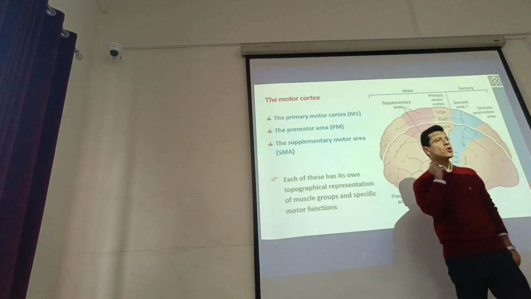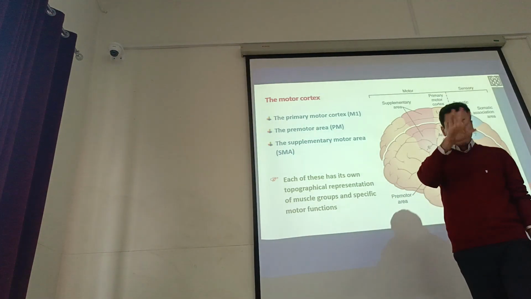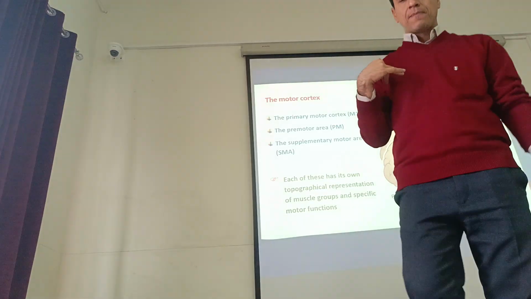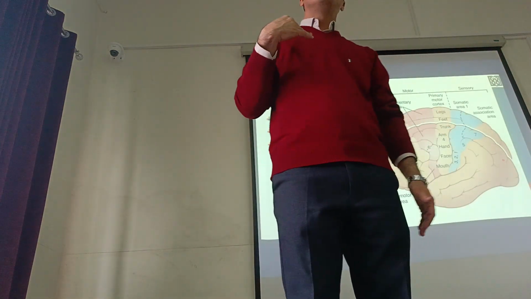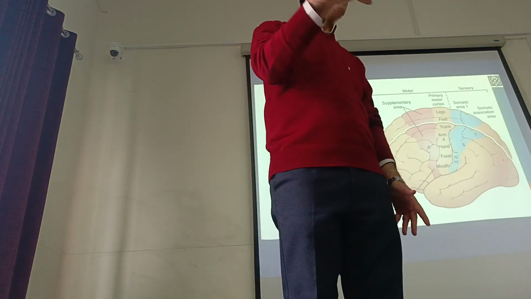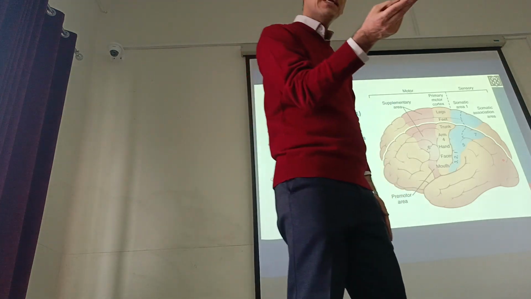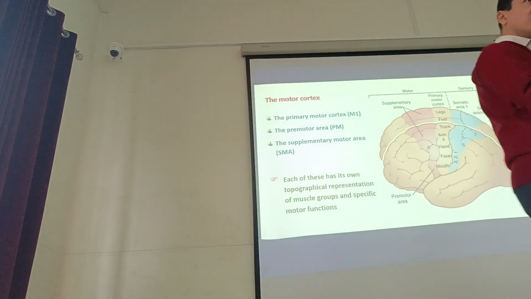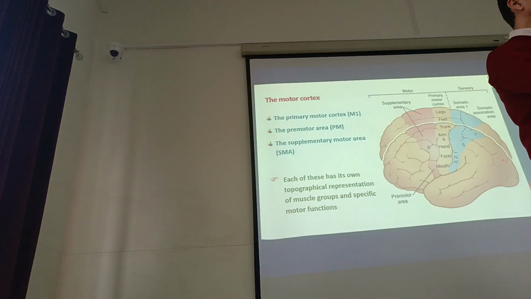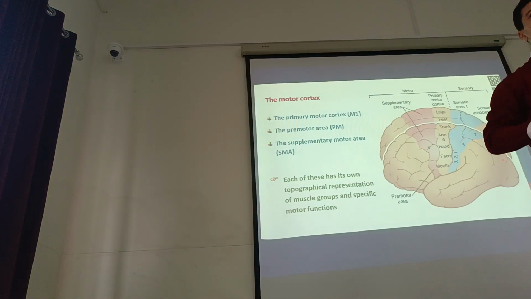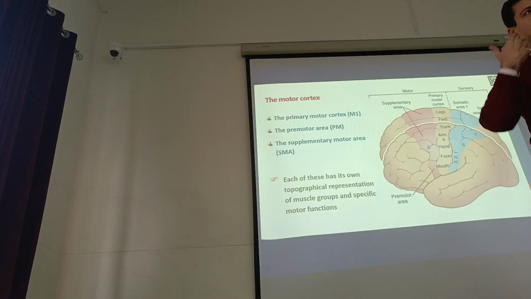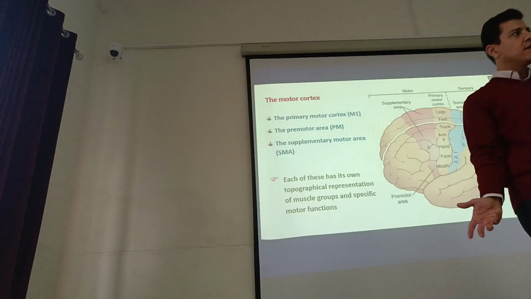So, motor cortex. Remember from our previous sessions that movements are of four types: reflexes, rhythmic movements, postural movements, and voluntary movements. We have seen reflexes and postural movements, right?